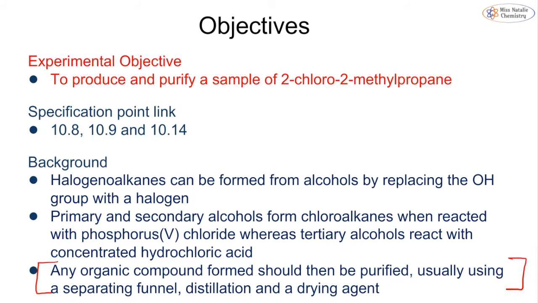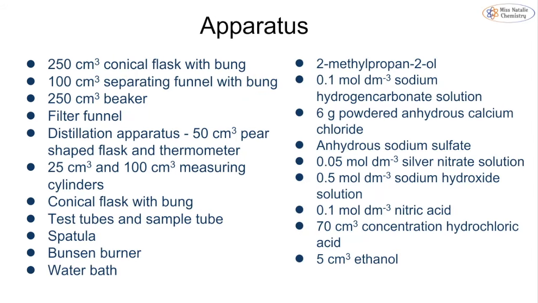And we're going to go through how we do this, and we'll also look at a past paper question for this. So in terms of the apparatus that we need, you can see that it's quite a sizable list, so I'm not going to go through everything. I'm just going to point out a couple of key points, and that would be we use distillation apparatus. We're going to need our separating funnel. We have our 2-methylpropan-2-ol.